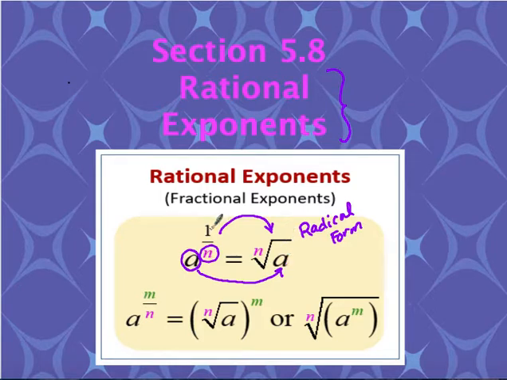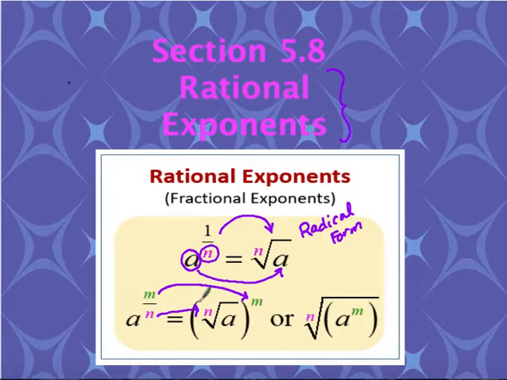Now, if this number is not a 1, if this number is some other value, the number on top becomes our exponent. So when we write this in radical form, the denominator still becomes our root, but the numerator becomes our power.